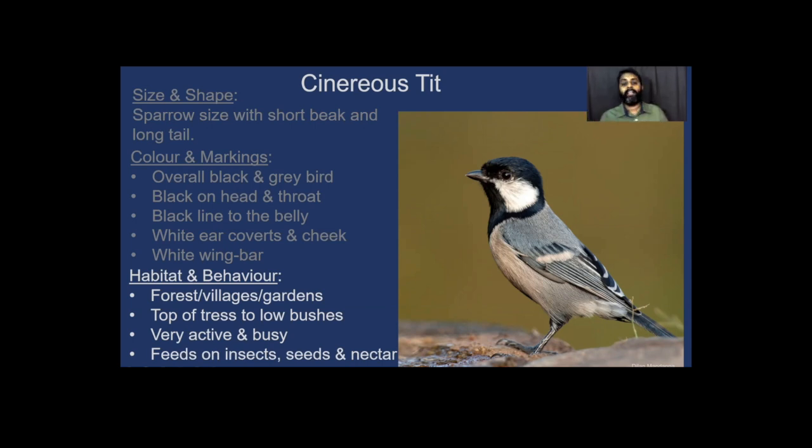So I hope you got an idea about what to look for when you go out watching birds, right? Size and shape, color and markings, and their behavior, which will help you in identifying birds, and also where the bird is found. If you know its habitat, then you can plan your trip of bird watching accordingly.